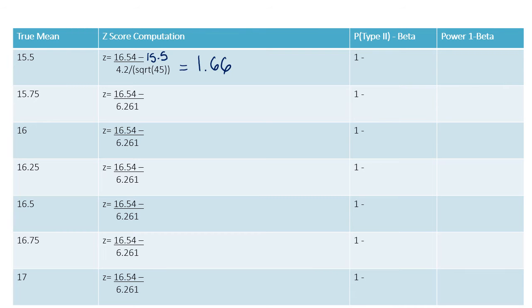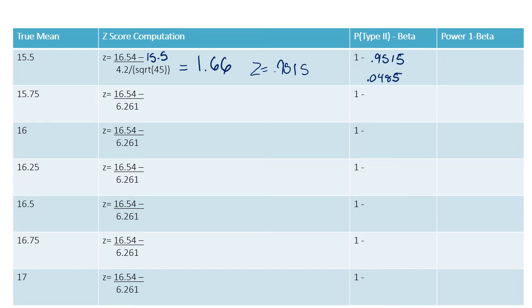So then we take that z-score with the area of 0.9515 for our probability of a type 2 error, which is beta. We take 1 minus 0.9515, and that equals 0.0485.